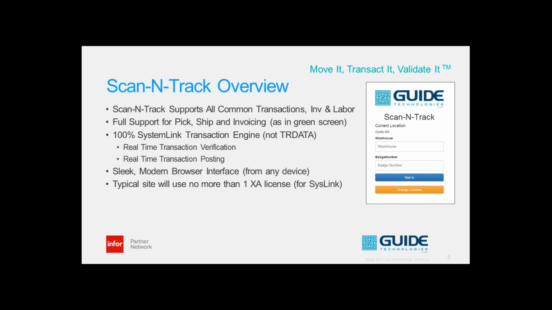And what that also means is that by license, if you have a one device license, that could be used on multiple shifts. So you could have different people using the same device across 3 shifts, and it's only one license for Scan and Track. So it's by device that you're going to be pulling up these screens and doing transactions from.